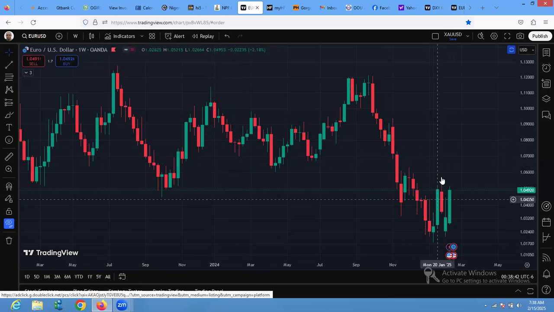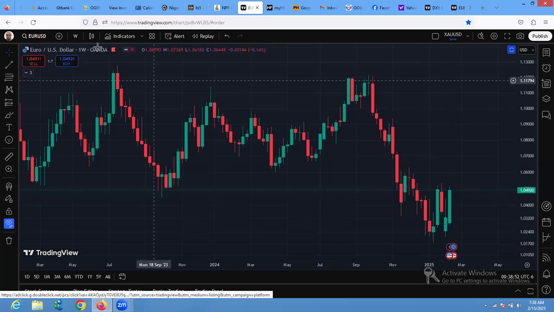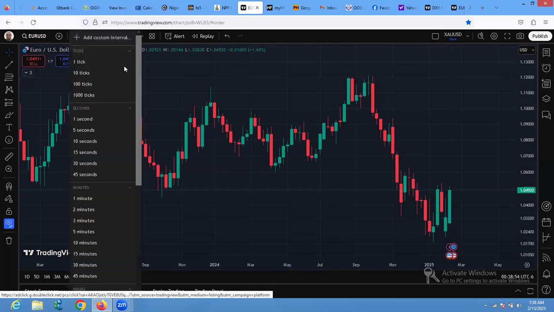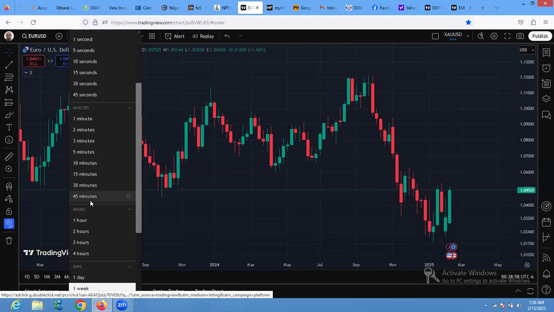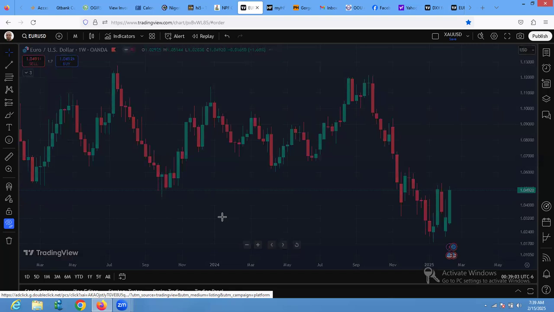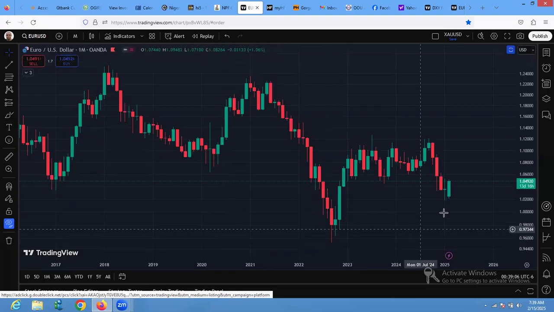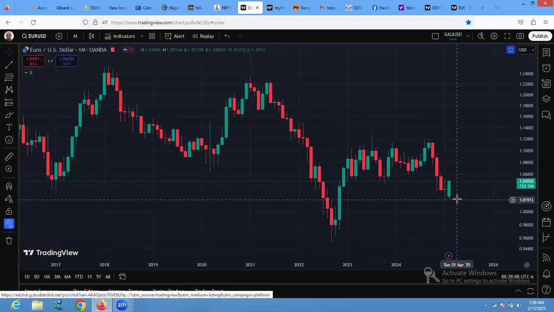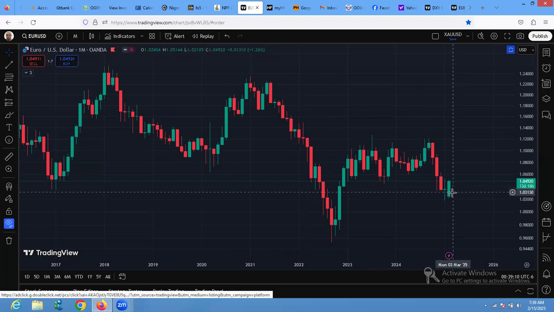We can see this move, this drop, and now the setup here on the weekly looks bullish. So we are seeing a bullish reaction. If we go to the monthly time frame, the month of February, to see what price action we have, we can see that the price action we are getting is still bullish.